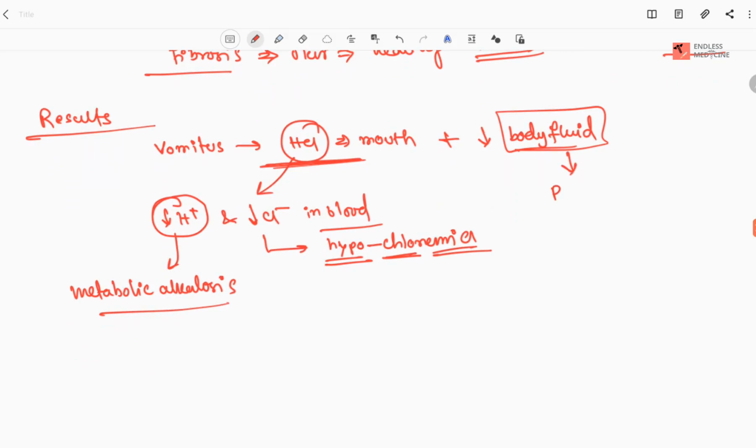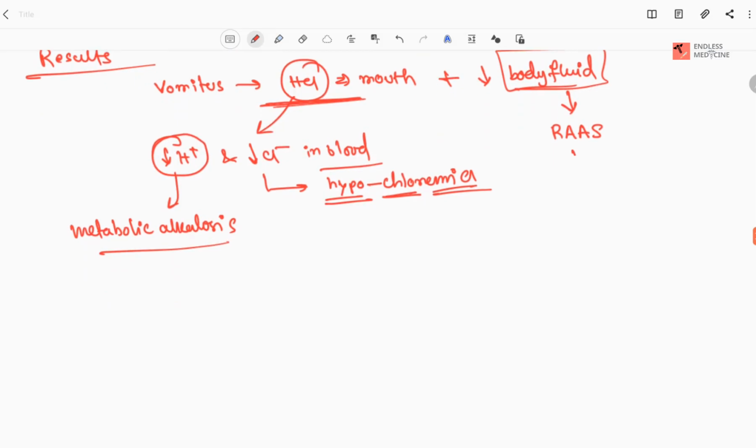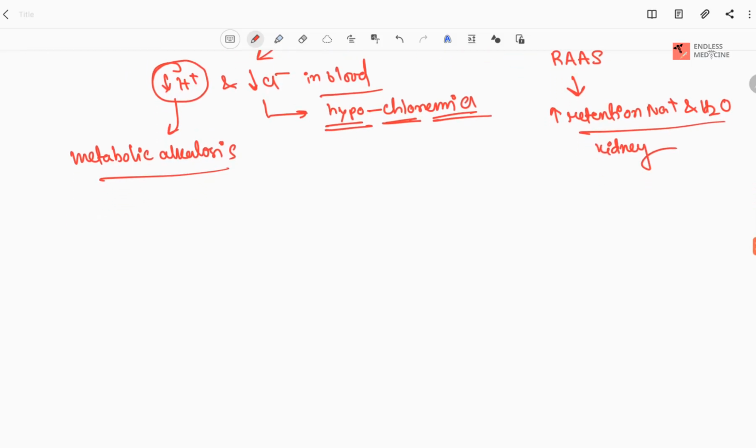So what happens? Activation of the renin angiotensin aldosterone system occurs. This causes increased retention of sodium as well as water by our kidney. And what happens during this retention?